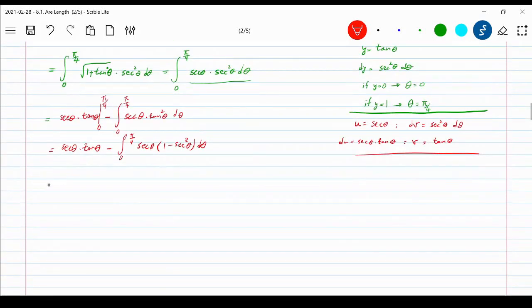And we can do this. Secant theta times tangent theta from 0 to pi over 4 minus the integral of secant cubed theta d theta from 0 to pi over 4, and the negative, distributing into both of them, so it becomes plus the integral of secant theta d theta.